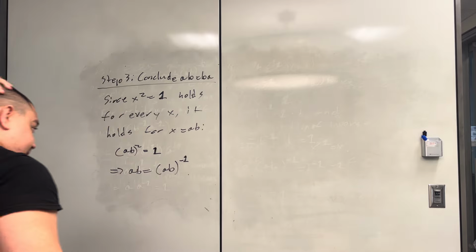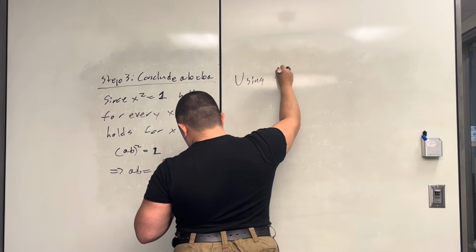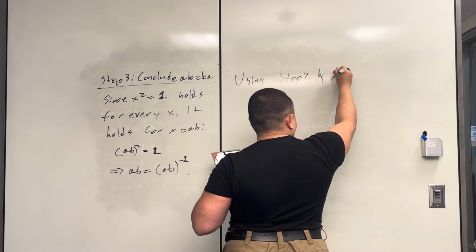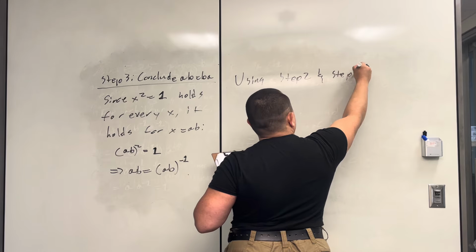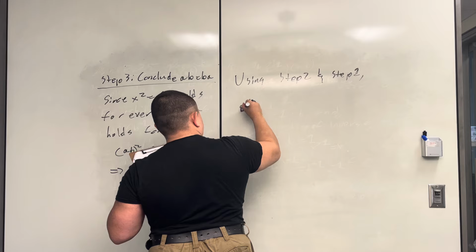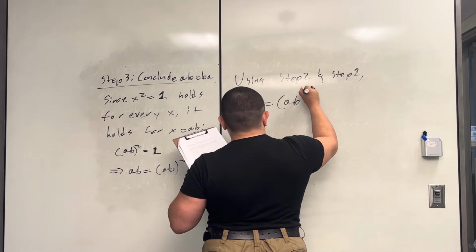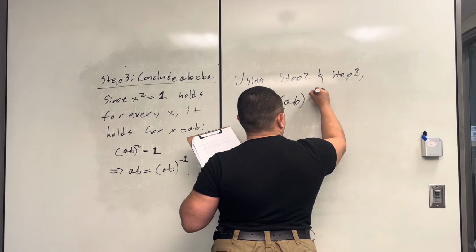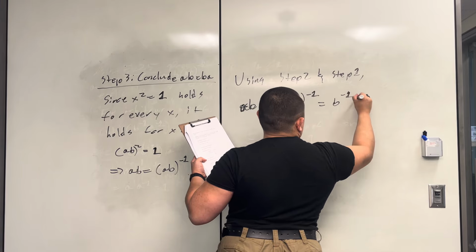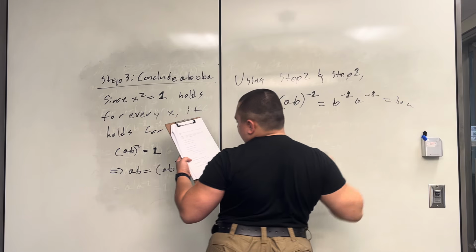Yes. Okay, so you can sort of see where this is going, right? Using step 2 and step 1, AB is equal to (AB) to the negative 1, which is equal to B to the negative 1 times A to the negative 1, which is equal to BA.